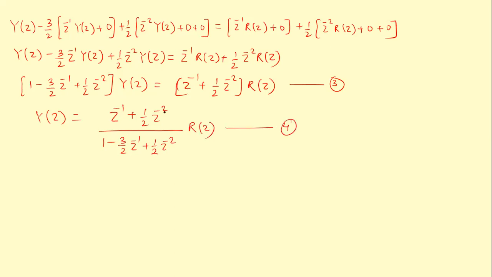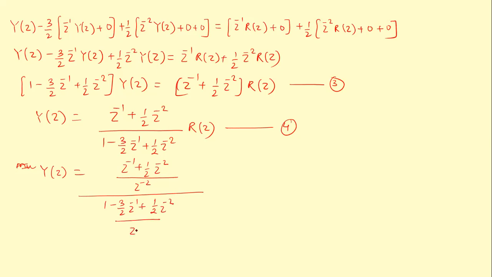Now we can multiply and divide this equation 4 by z inverse square, right? So we will get yz is equal to z inverse plus 1 by 2 z inverse square by z inverse square divided by 1 minus 3 by 2 z inverse plus 1 by 2 z inverse square divided by z inverse square, so rz, right?